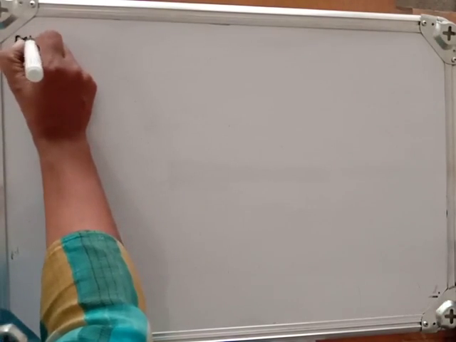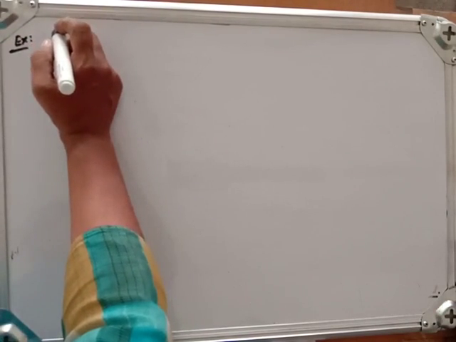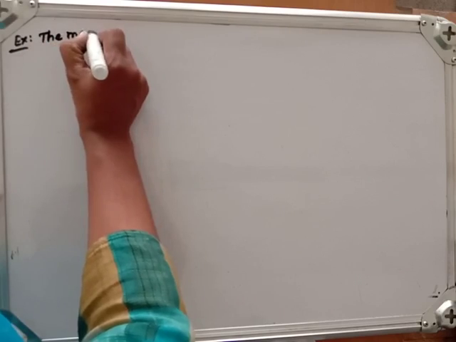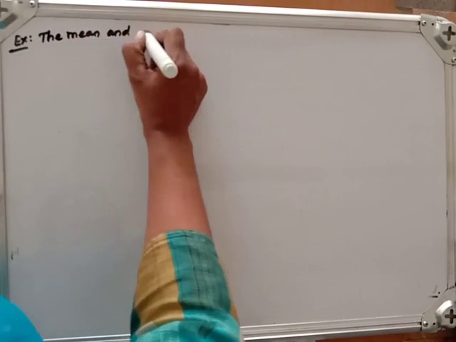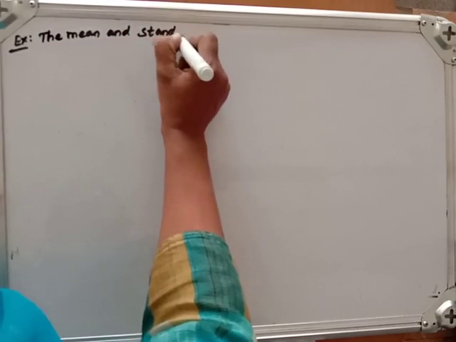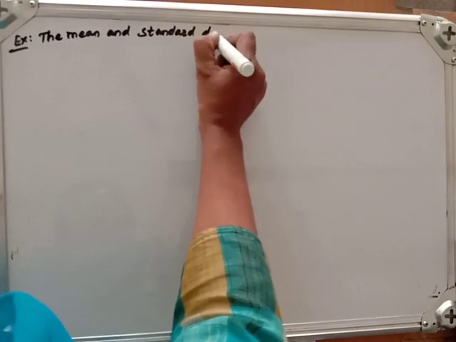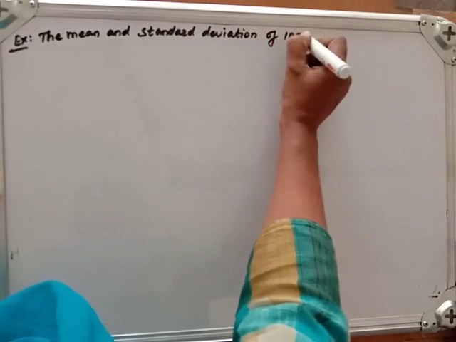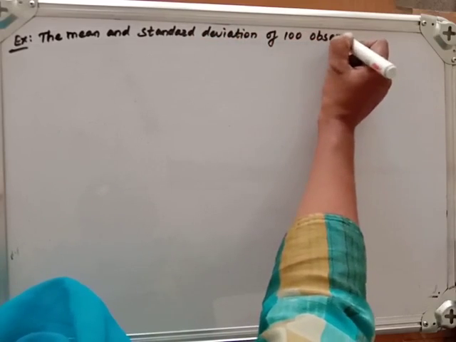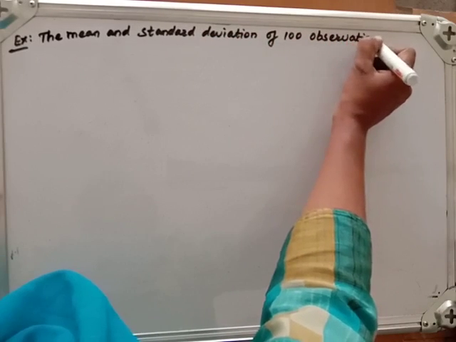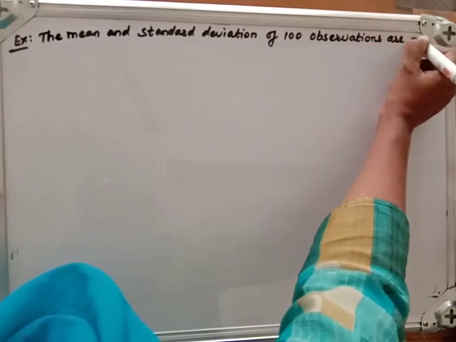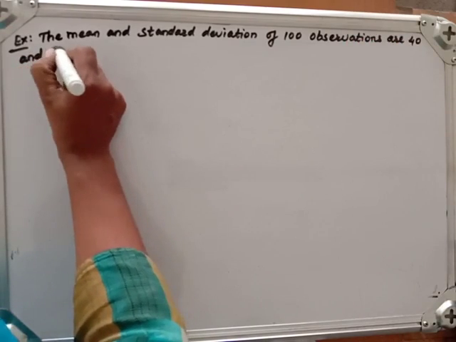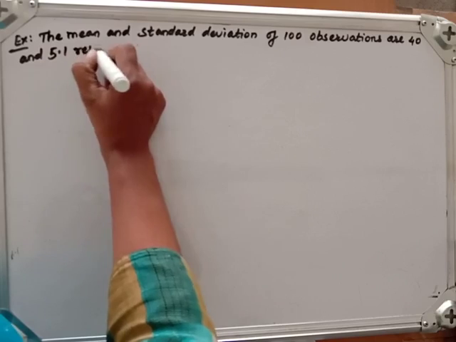Example: the mean and standard deviation of 100 observations are 40 and 5.1 respectively.